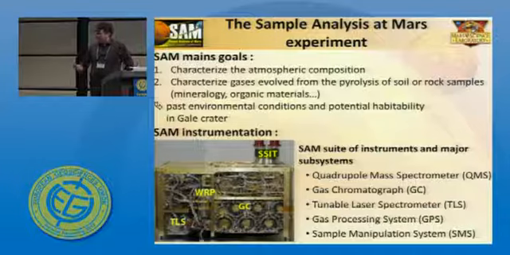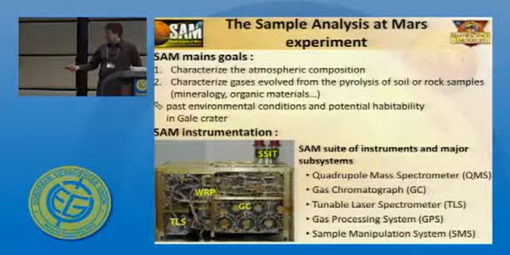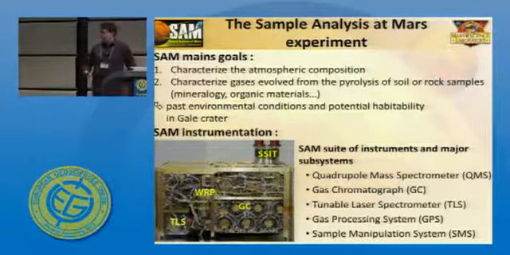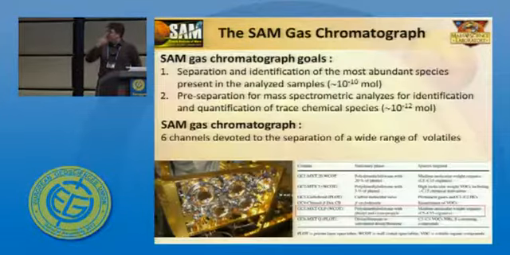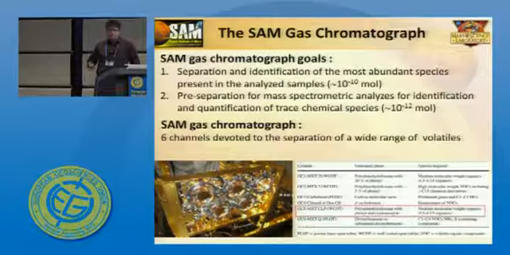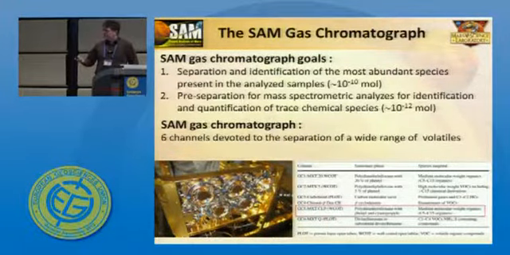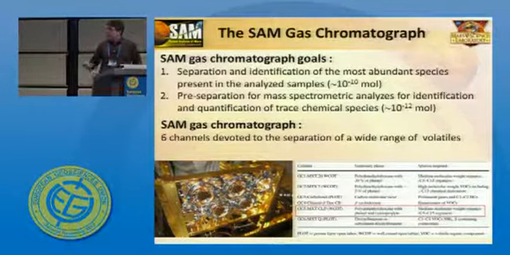So to summarize, SAM is a big instrument in Curiosity, composed of 3 independent instruments: TLS, which is an instrument focusing on the analysis of CO2, H2O, and CH4, and a gas chromatograph coupled with a mass spectrometer, which focuses on the atmospheric analysis and gases evolving from the solid samples. The gas chromatograph goals are first to separate and identify the most abundant compounds present in the atmosphere and also in the solid samples, with a limit of detection of approximately 10 to the minus 10 mole.